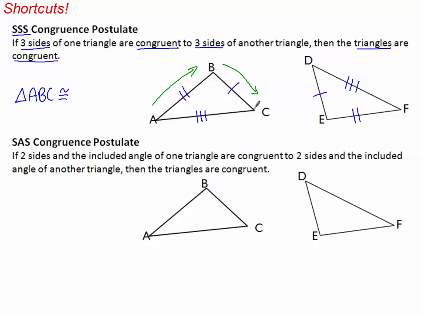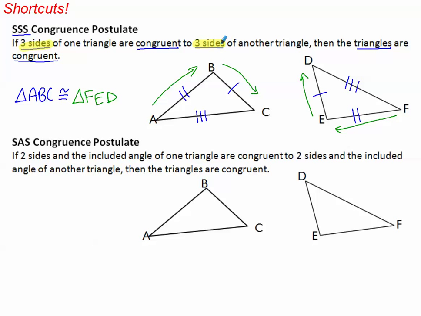What path is going to take me over the double and then the single? This way and then this way. So that means I have to start at F. So I'm going to say triangle F and go towards E and then D. The point here being we have only three sides congruent to three sides, then the triangles will be congruent.